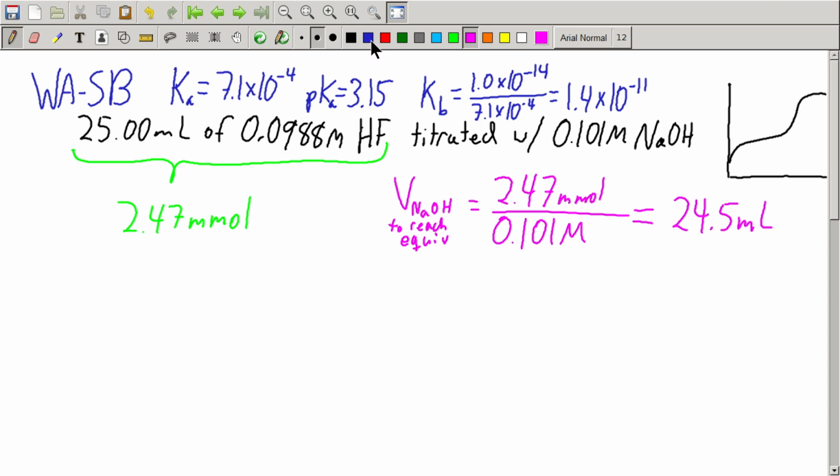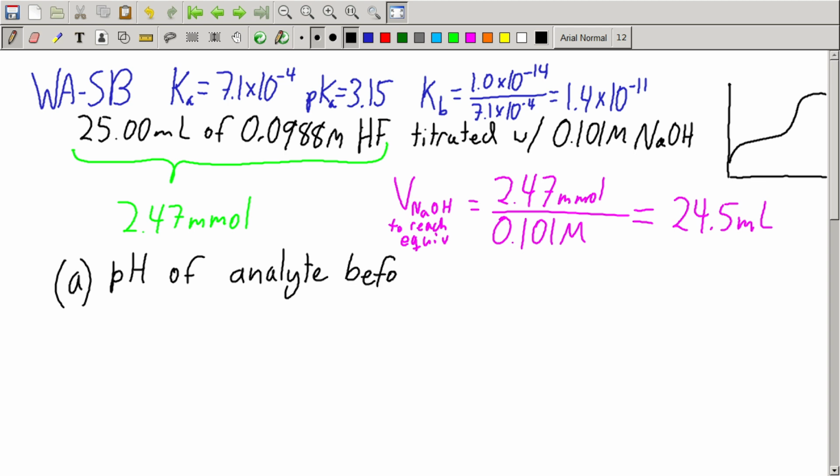All right, so we're going to start out. We're going to say, all right, so what's the pH of the analyte, which is HF, before any base is added?